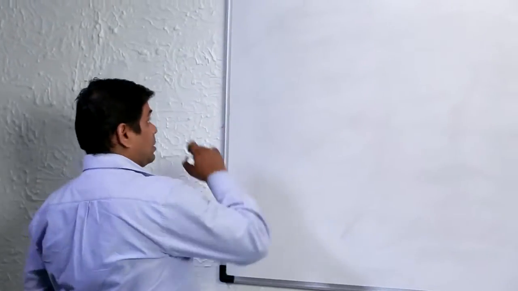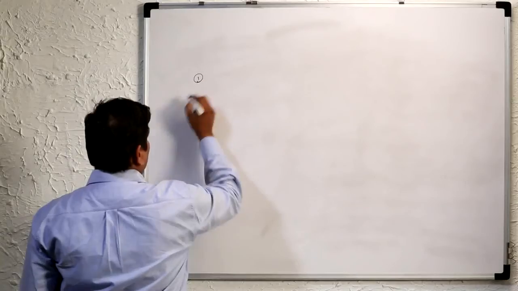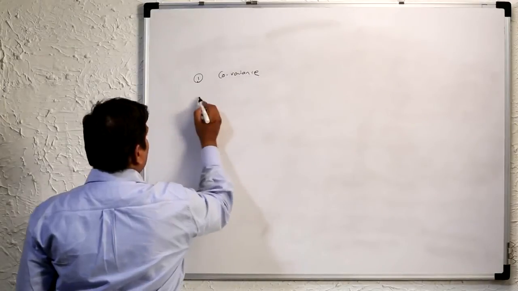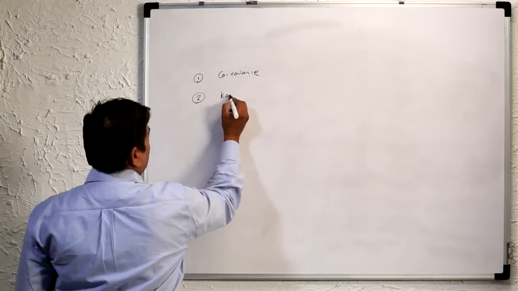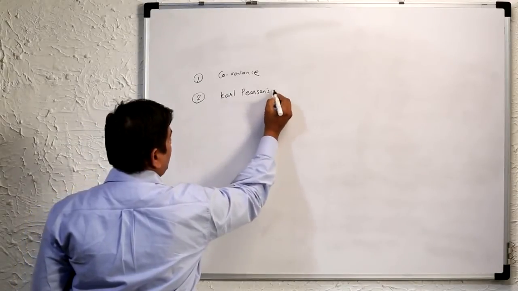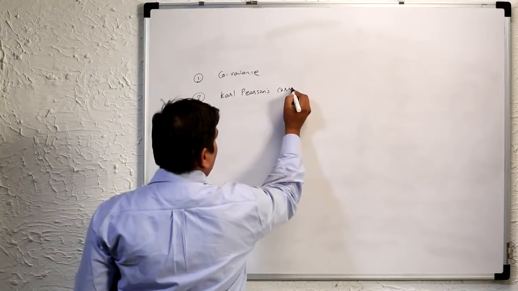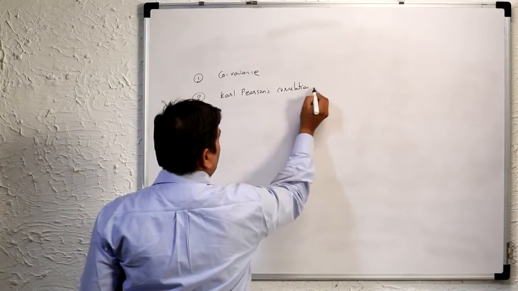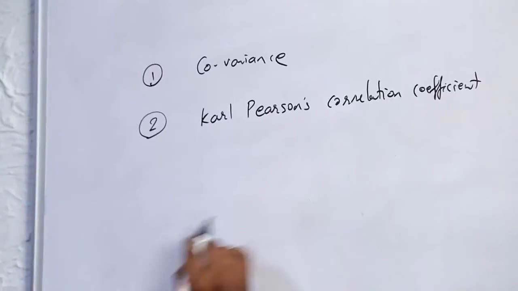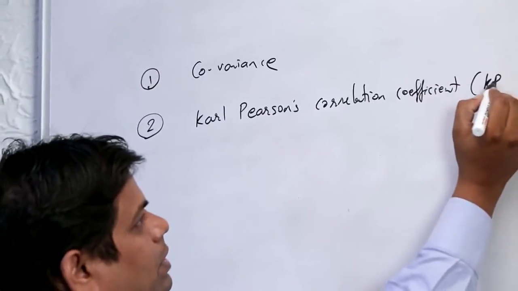Correlation requires three concepts. The first is called covariance. Second is Karl Pearson correlation coefficient, which we call KPCC.